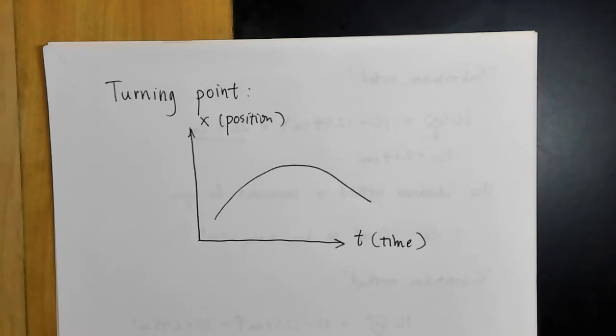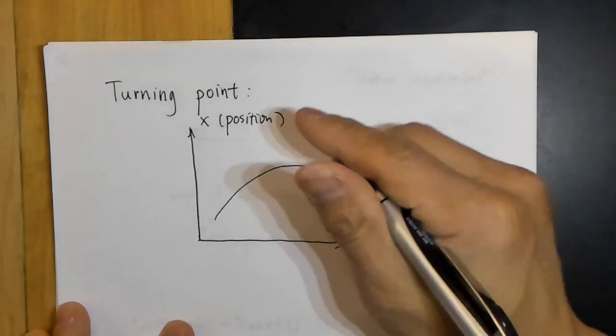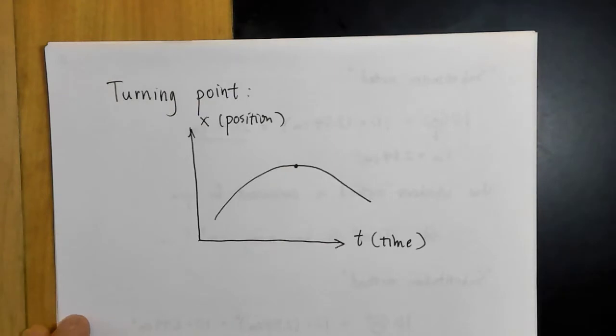Okay. So that's what's called a turning point. It's like when I'm walking, I'm going this way, and then I slow down, and then at this moment I'm at rest, but then I go backwards. So this is the turning point.